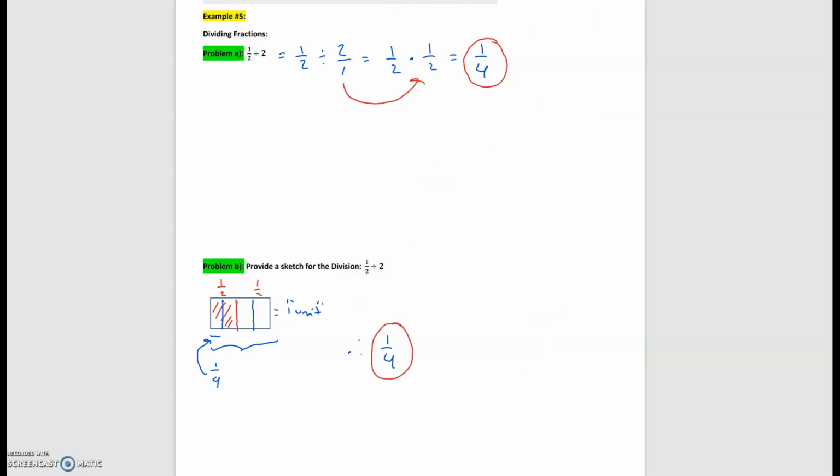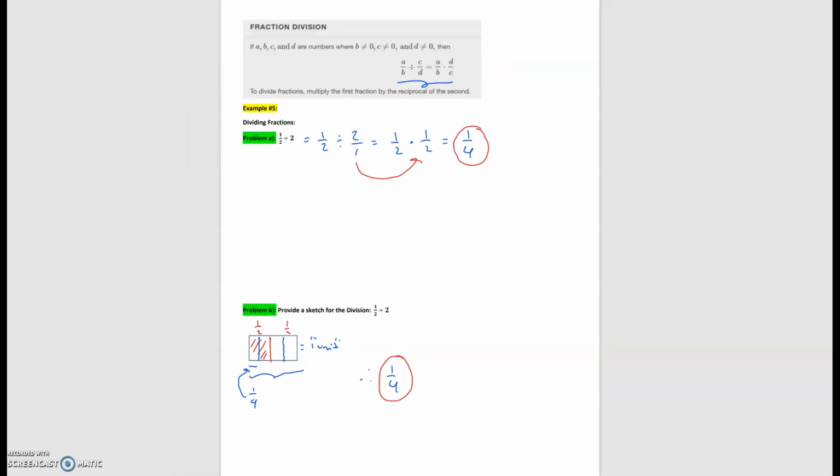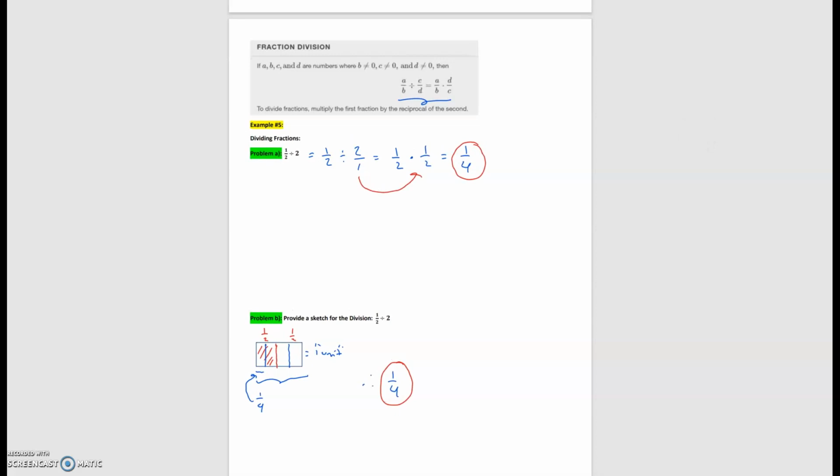That's actually it for these first 5 examples. We're going to be doing a little bit more complicated problems. Problem B on both of these last ones is just to give you a picture representation of what we mean by multiplying or dividing.